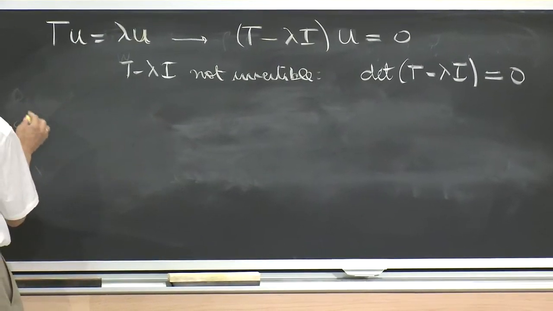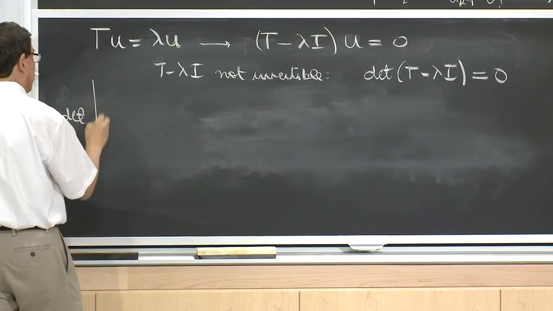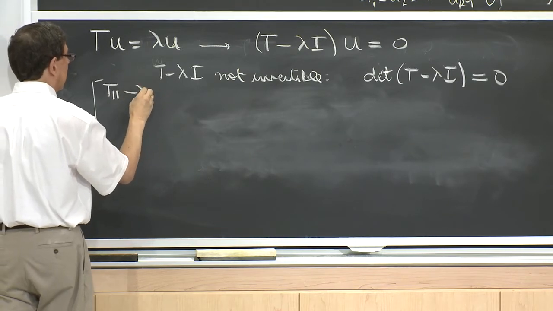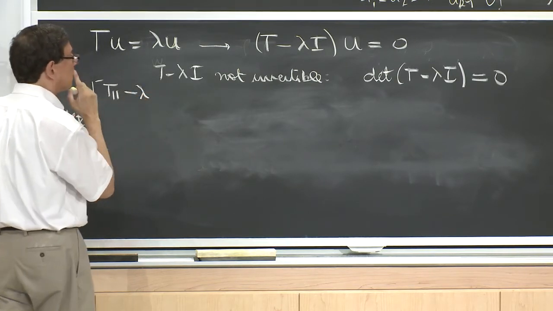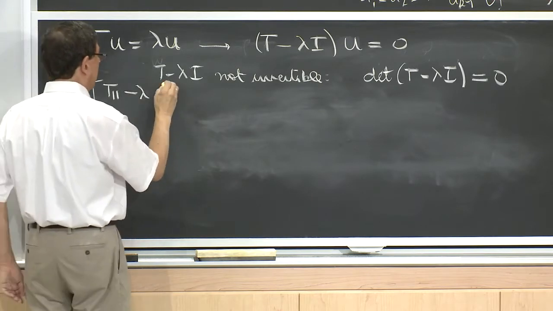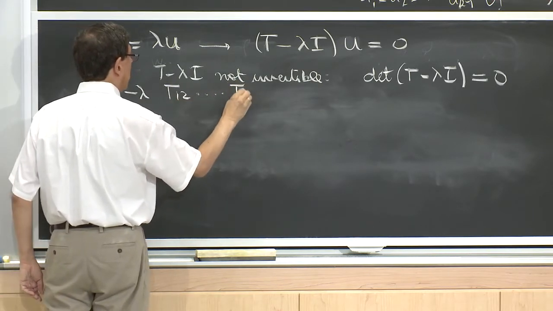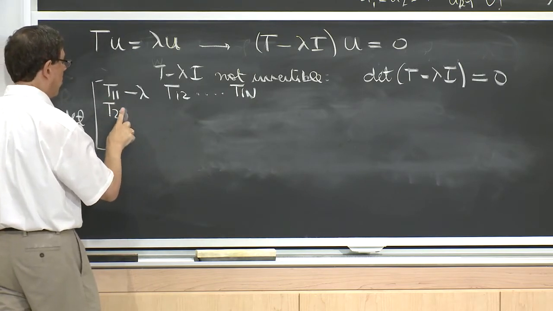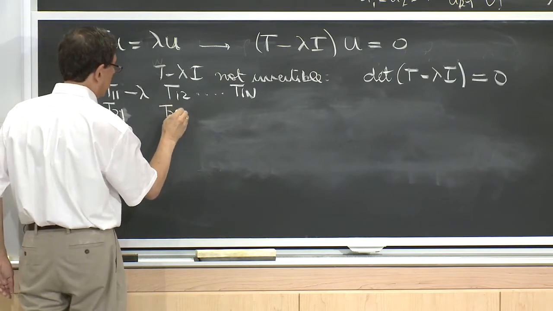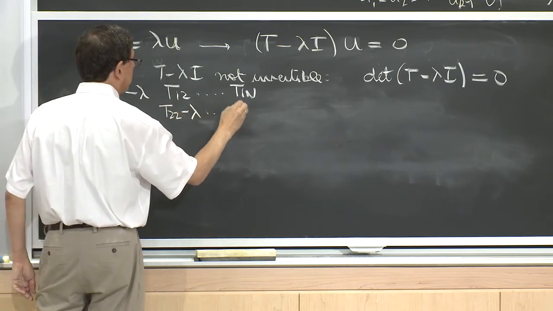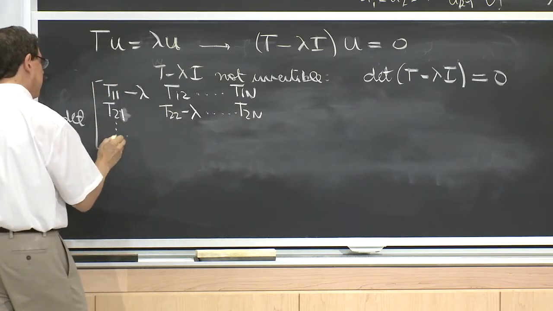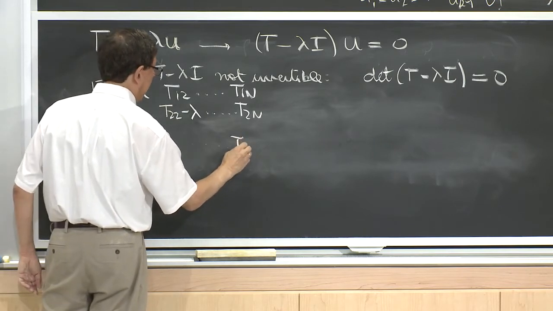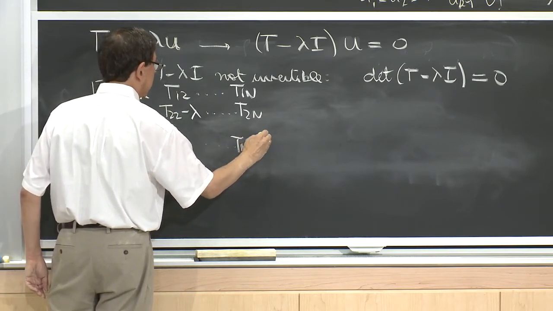It would look like you're computing the determinant of a big matrix that begins with T11 minus lambda, T12 up to T1n, say, T21, T22 minus lambda up to T2n, and then you have Tn1 up to Tnn minus lambda.